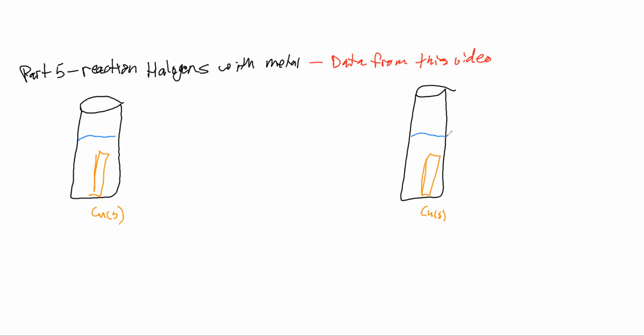Then we're adding in some bromine into this one. It's actually dissolved in water, so it's not a liquid, it's aqueous. But we're adding in Br2 to that one. And in this one over here, we're going to add in some iodine inside of methanol.